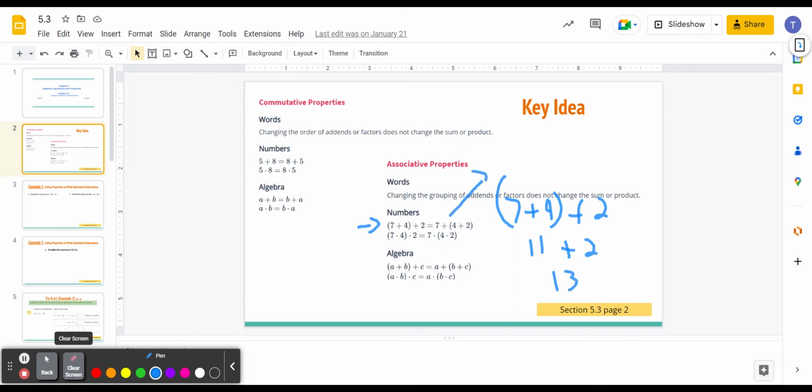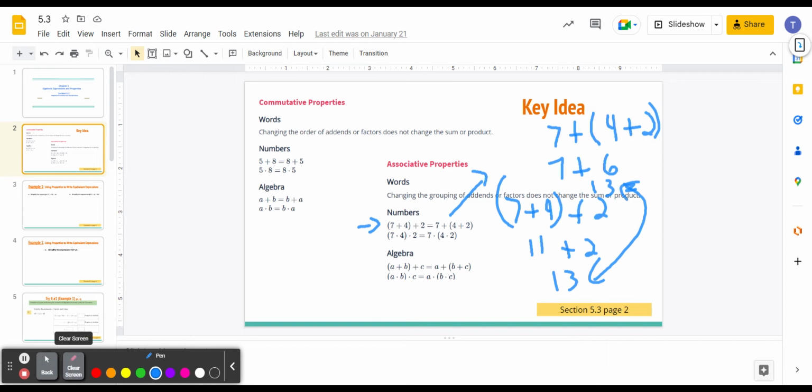But if we do the other way, where you switch the parentheses to the other two numbers, you would do 7 plus 4 plus 2, and then 7 plus 6 is 13. You still get the same answer, no matter which way you flip the parentheses.